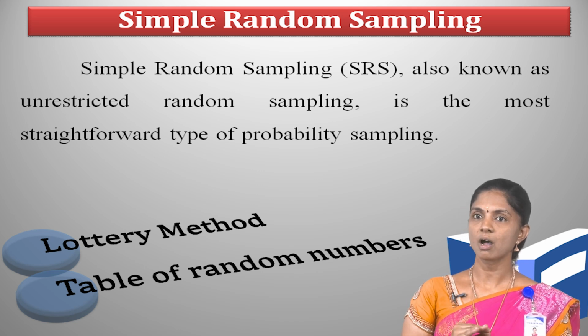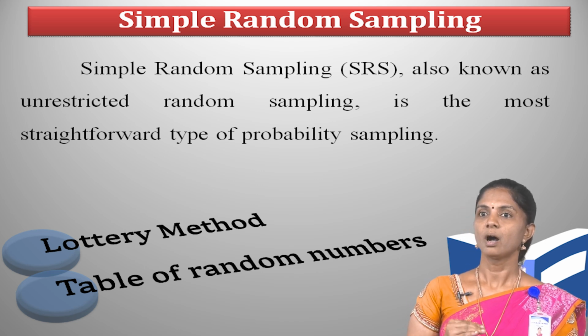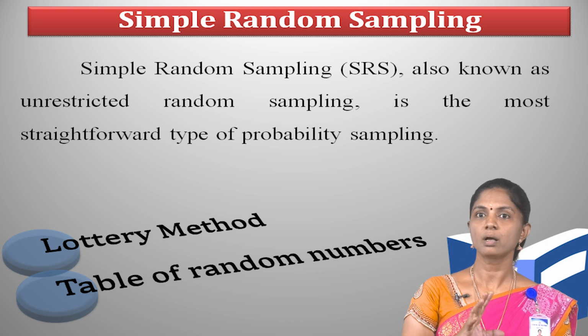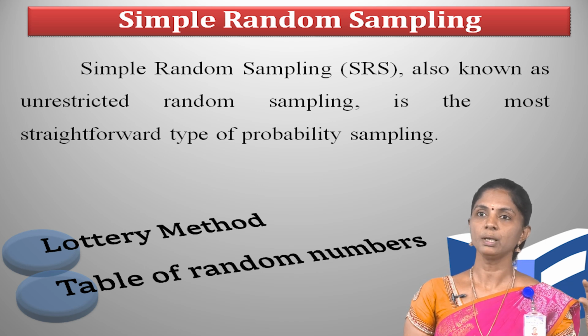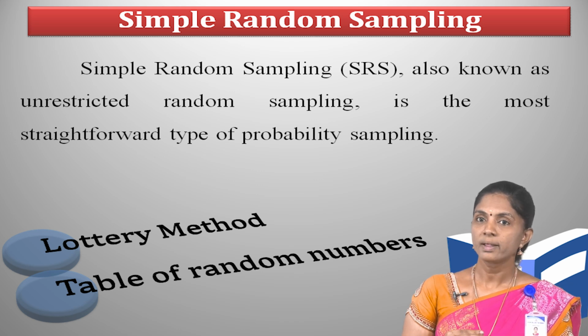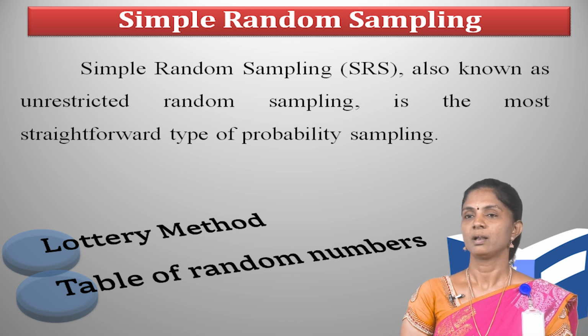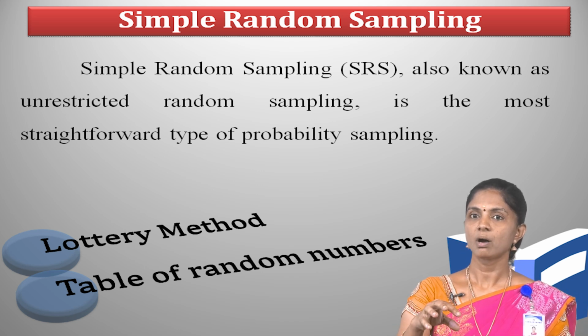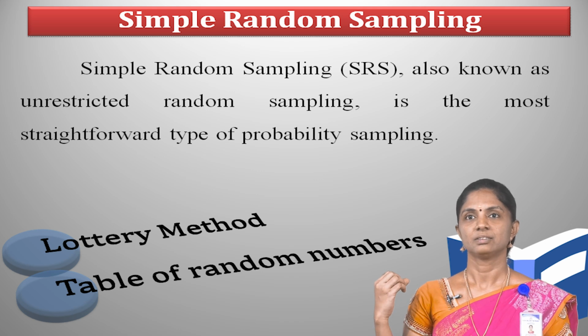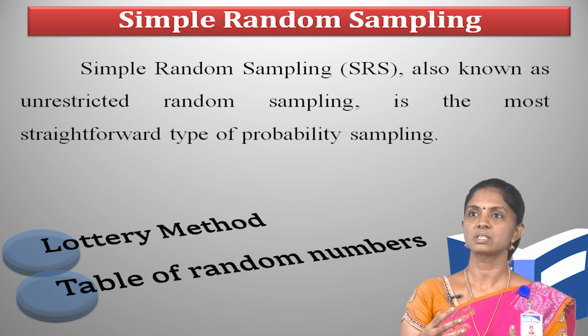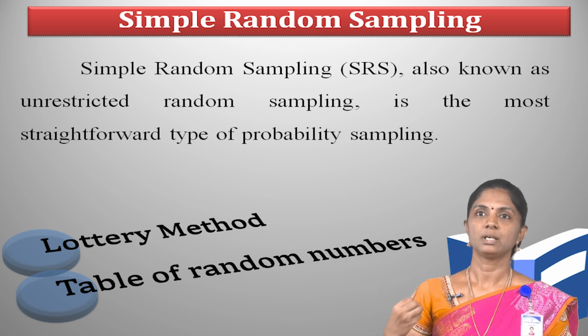Write on each of them the name or other distinct mark of one unit of the population. Fold them uniformly and shuffle them well. 25 of them are to be selected. So in this way you have to select the sample.